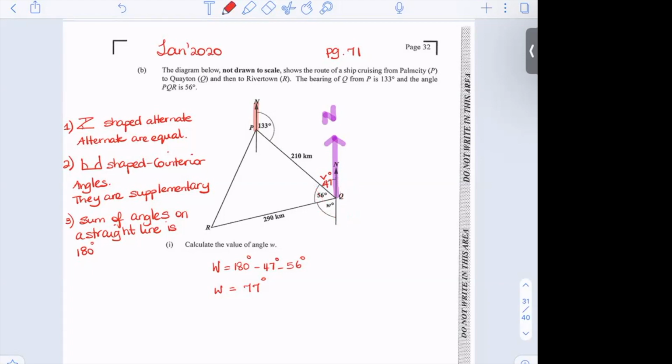So this part here, we know it's 180 because that's a straight line. So find the sum of these two. W, we worked out W as 77. So find those two.